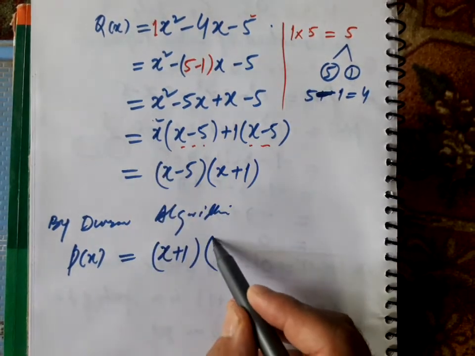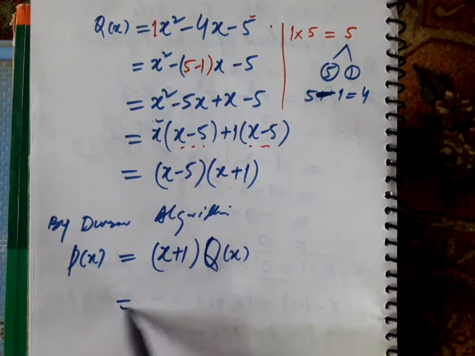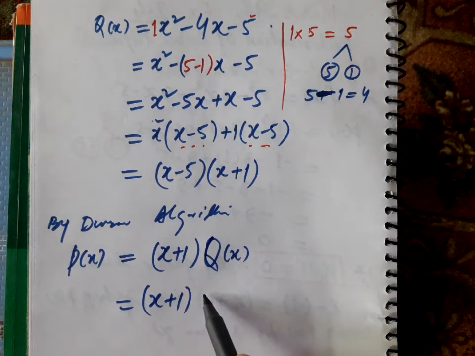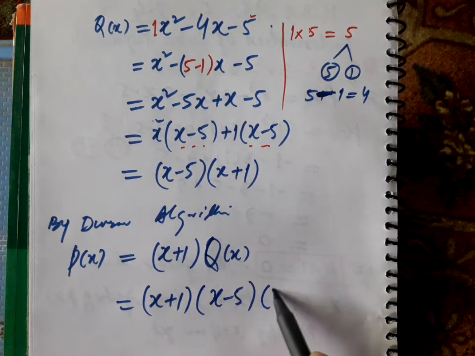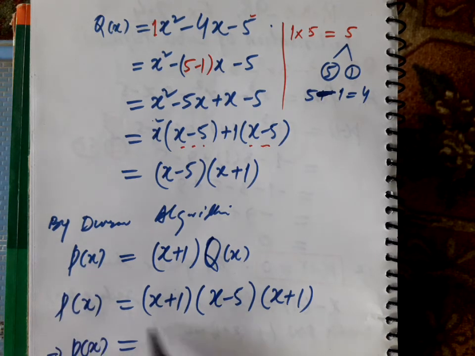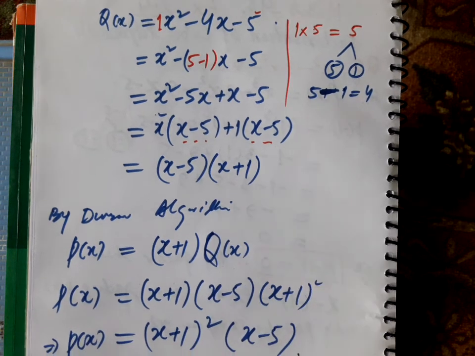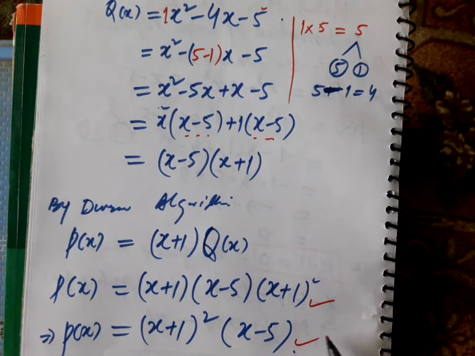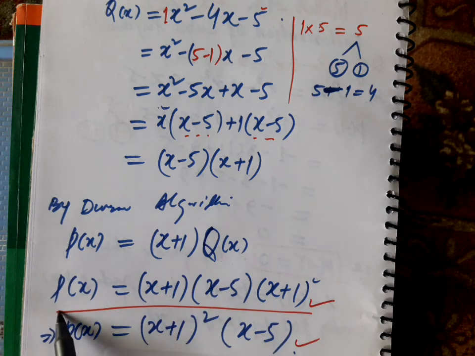Q of x is x plus 1 into x minus 5. So p of x is x plus 1 into x minus 5 into x plus 1, or this can be further put in the form: x plus 1 is twice, so we can write x plus 1 whole square into x minus 5. So we have resolved it into 3 factors, x plus 1 and x minus 5. So this is the factorization of a cubic polynomial we got over here.